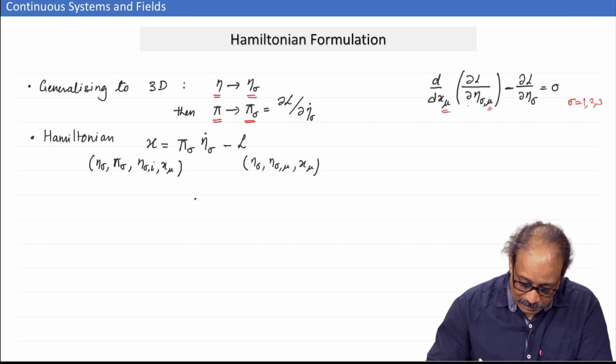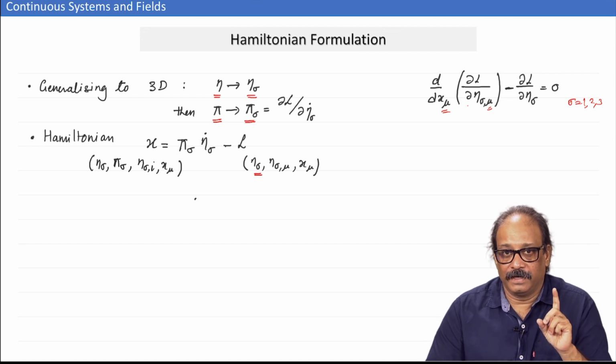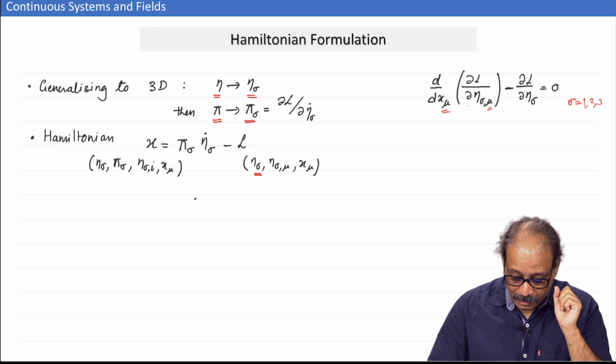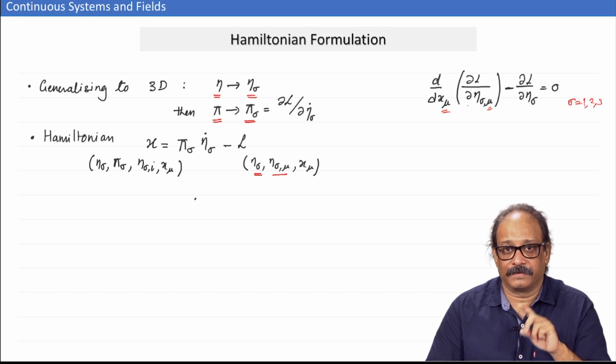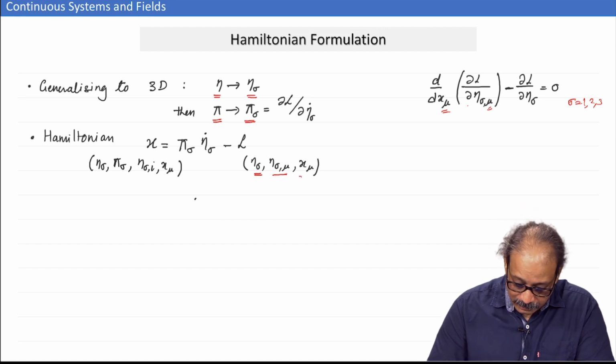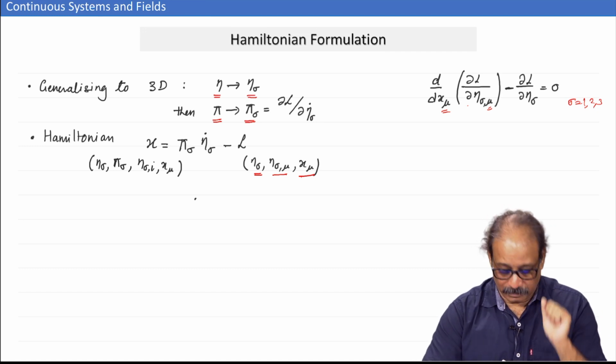Let me first talk about the Lagrangian density. The Lagrangian density, we know, is a function of the field variables, then its partial derivatives with respect to each one of these parameters x, y, z and t, and x, y, z, t, all these 4 variables themselves.